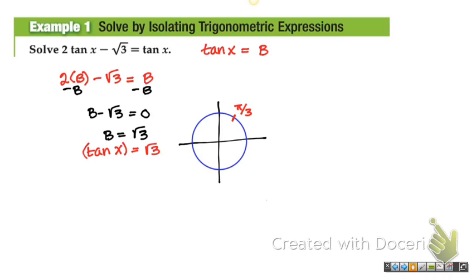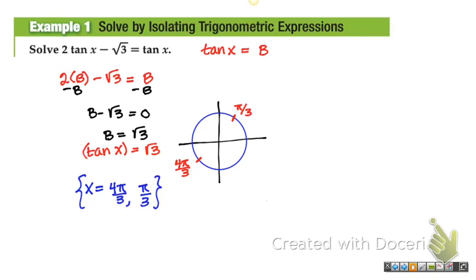So a 60-degree reference angle in the third quadrant is going to give me 4 pi over 3. So x is either going to be 4 pi over 3 or pi over 3, and there are two possible answers for x.